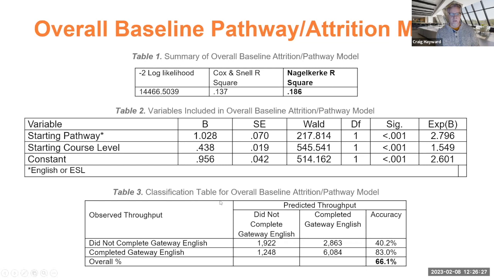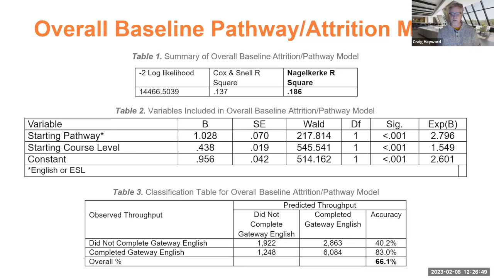And then another way that we looked at this to complement just the predictive power of the model was to say what percentage of students were classified accurately by this model in terms of whether the model predicted that they would complete Gateway English and whether they actually completed Gateway English.